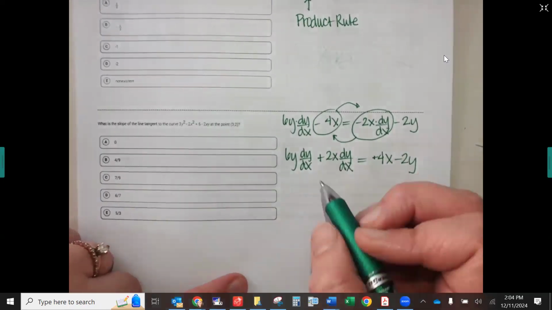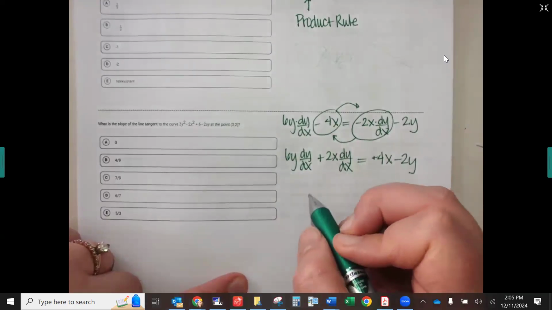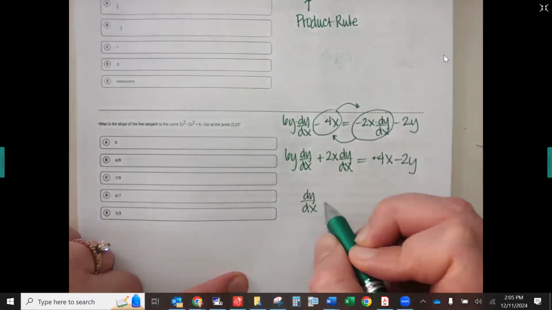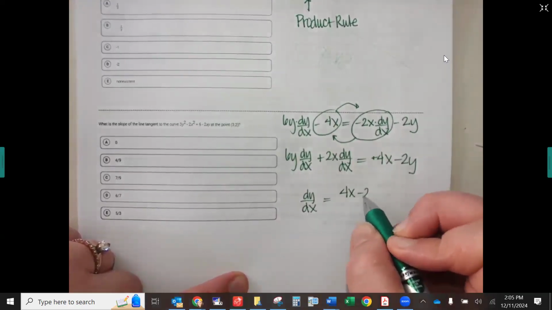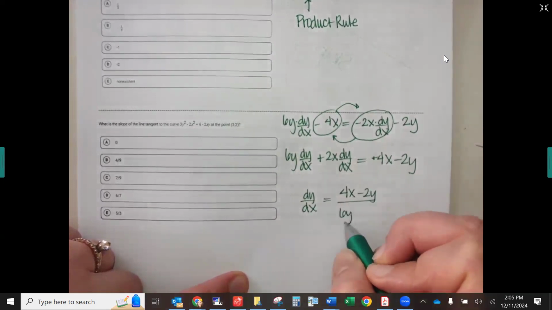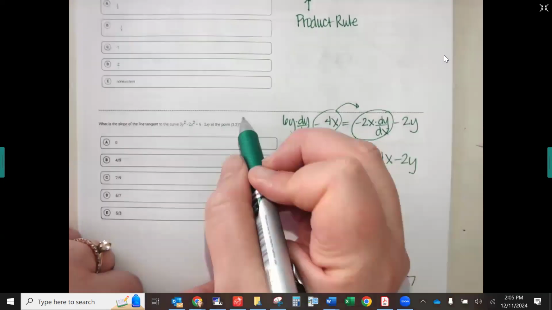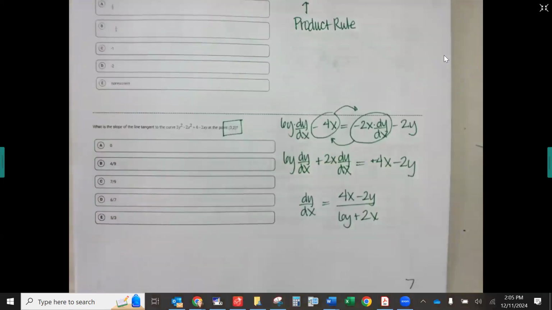Yeah, divide by what? 6y plus 2x. Good. So your dy dx would be 4x minus 2y over 6y plus 2x. And then from there, you'll plug in your 3,2. So then which of those is smaller? Correct. You did plug these into the original, right?